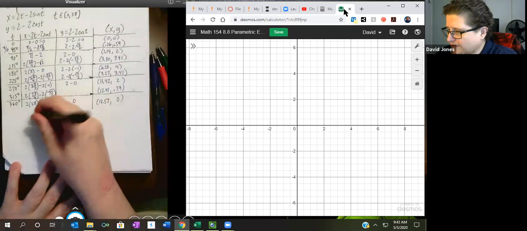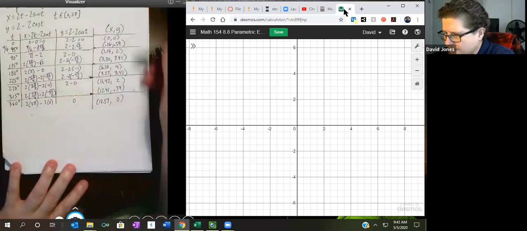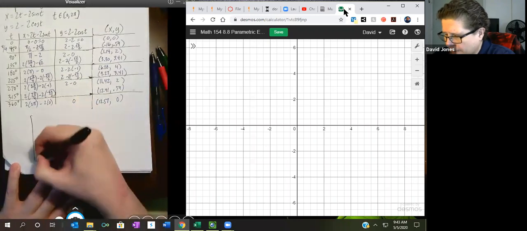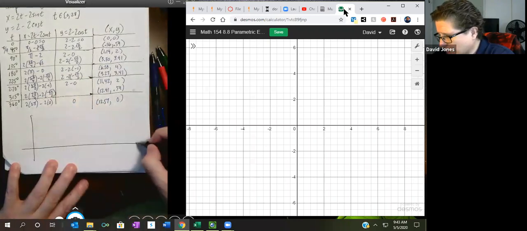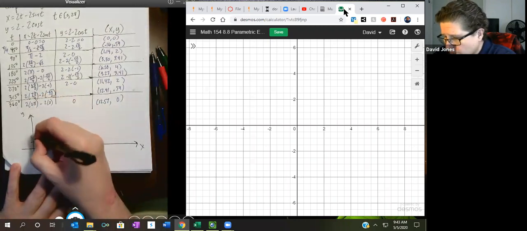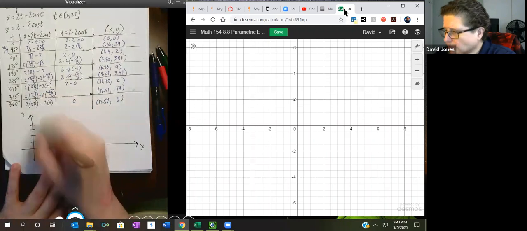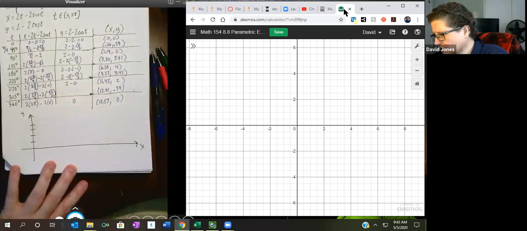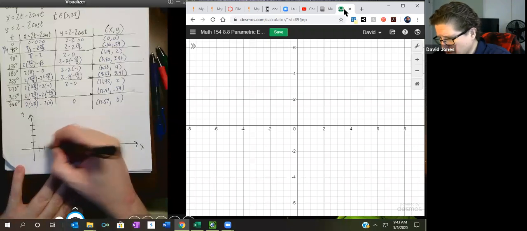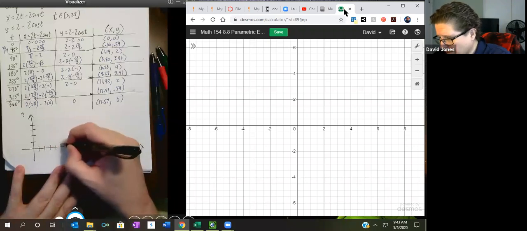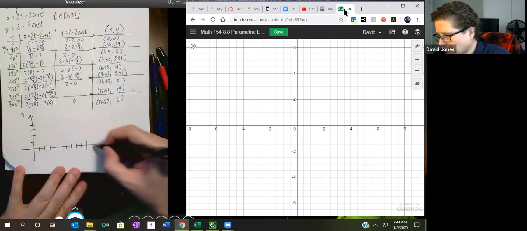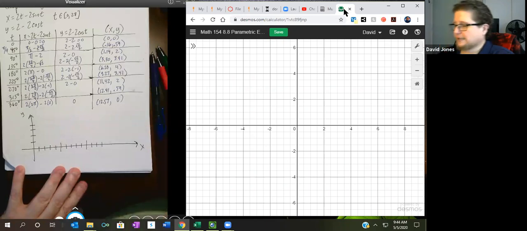Mapping it, not all that fun. The y values never go negative, and they're always between 0 and 4. That can help. I can focus my graph like that. And we go up to 12.5. So let's just go 1, 2, 3, 4, 5, 6, 7, 8, 9, 10, 11, 12, 13.